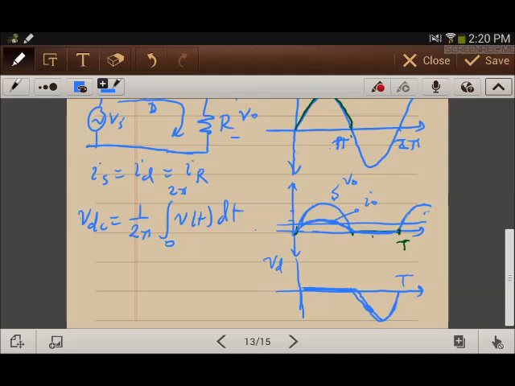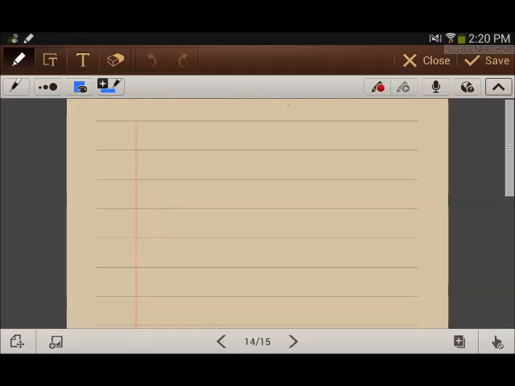This is how to find the average value. As we know, V source as a function of time is equal to V maximum sine omega t.